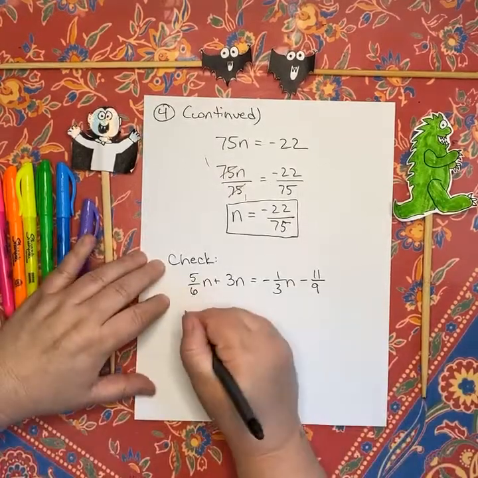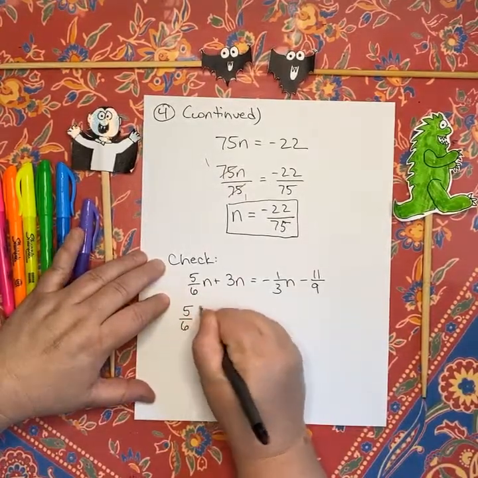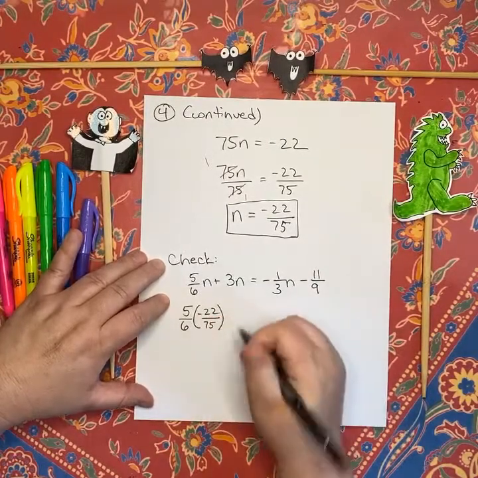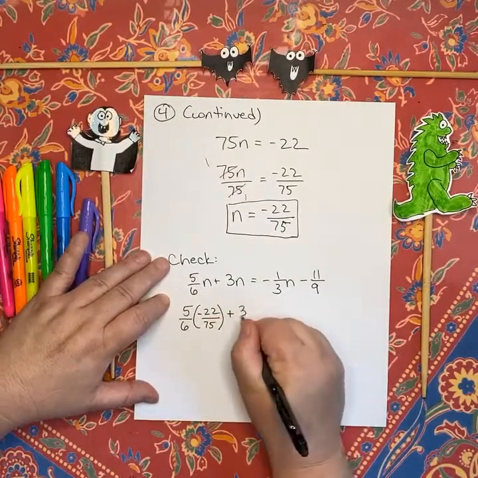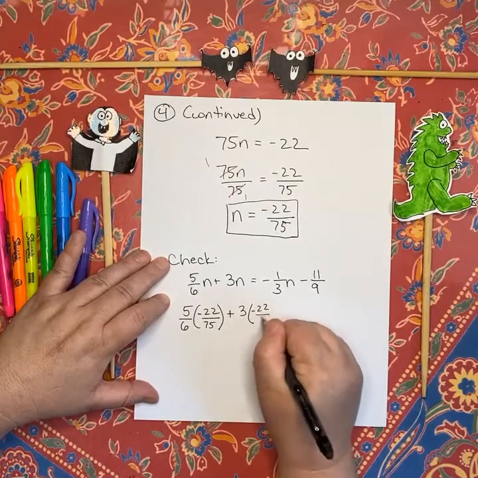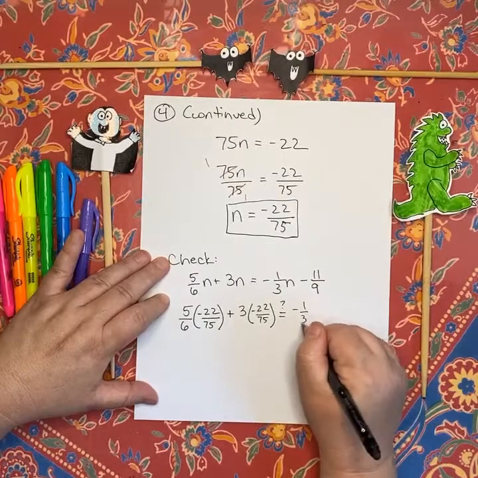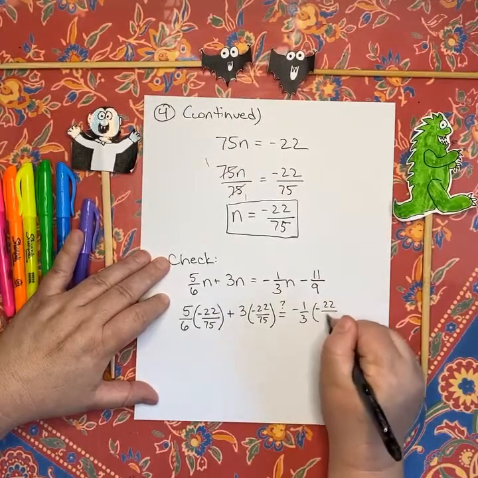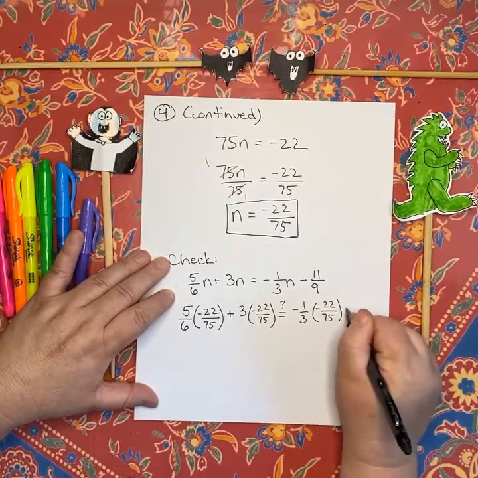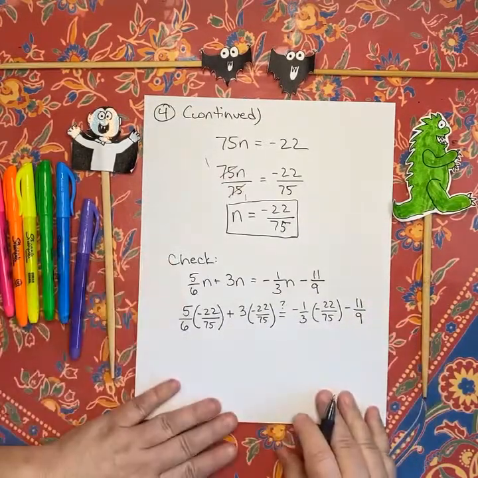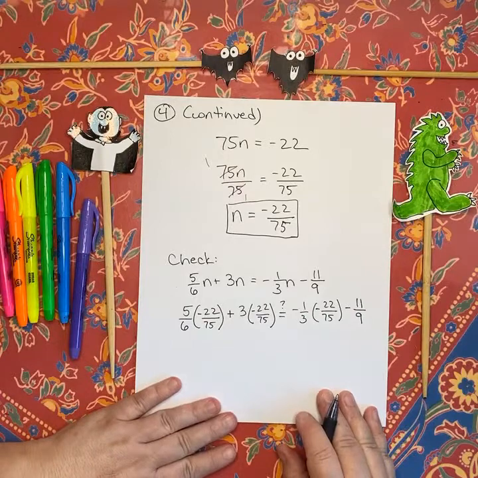That's always useful. Okay, 5/6 times negative 22/75ths plus 3 times negative 22/75ths. Does that equal negative 1/3 times negative 22/75ths minus 11/9? Wow.